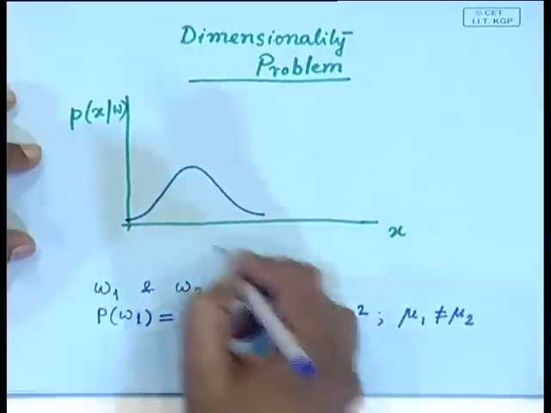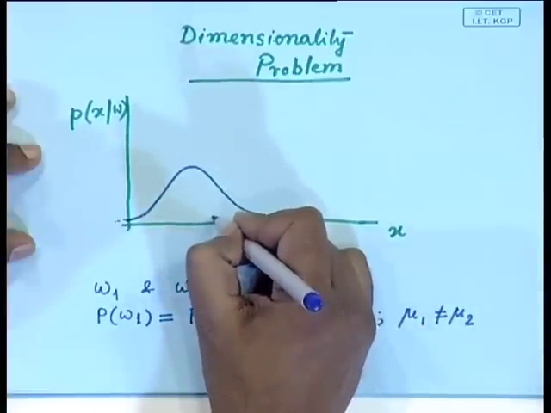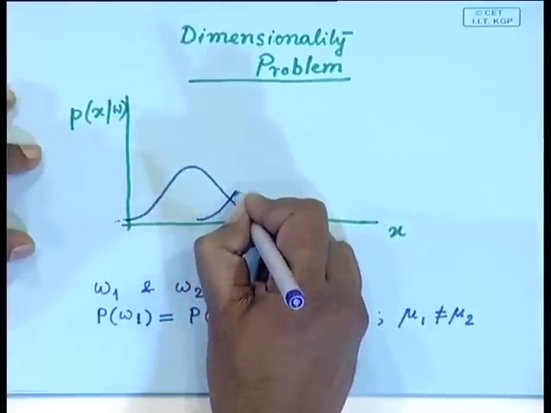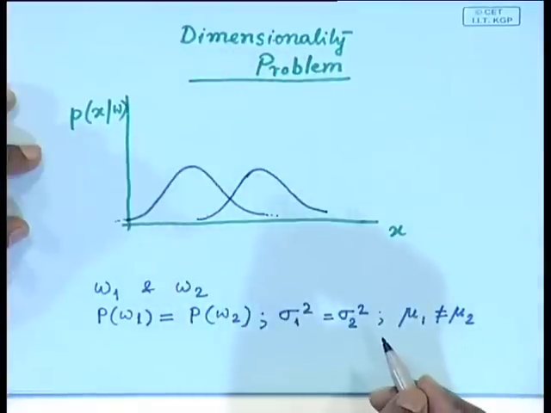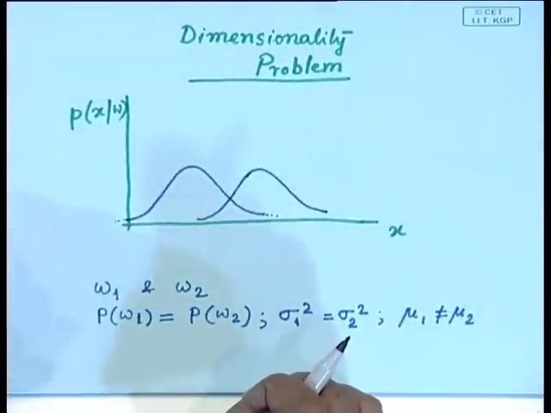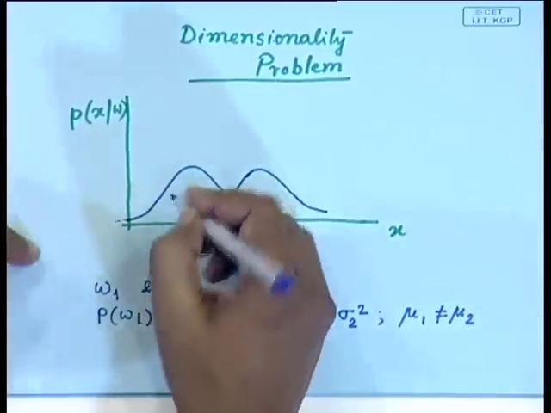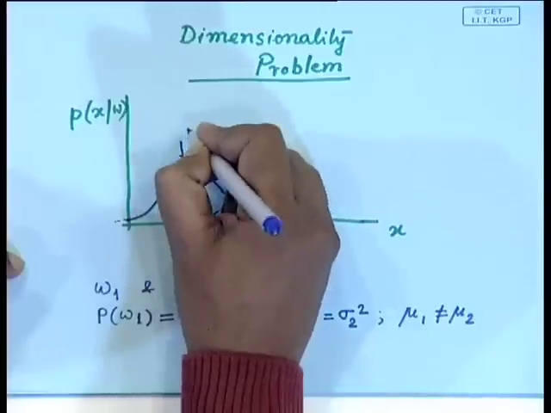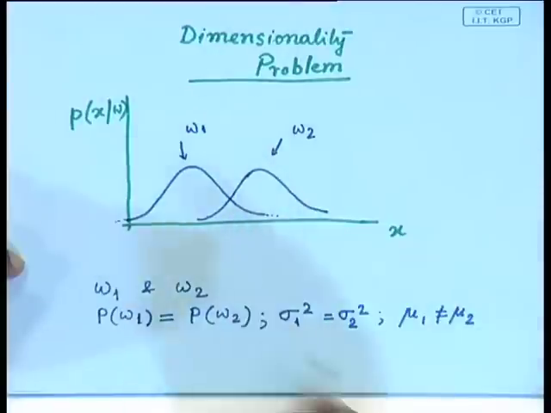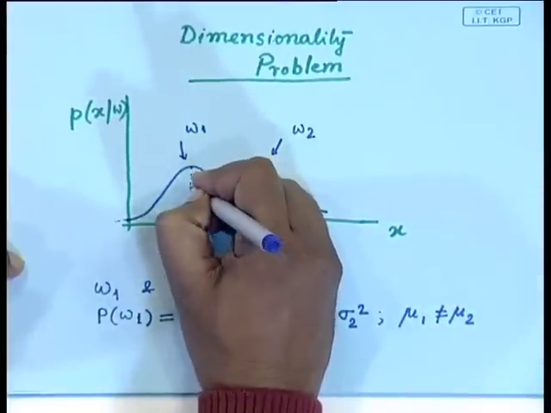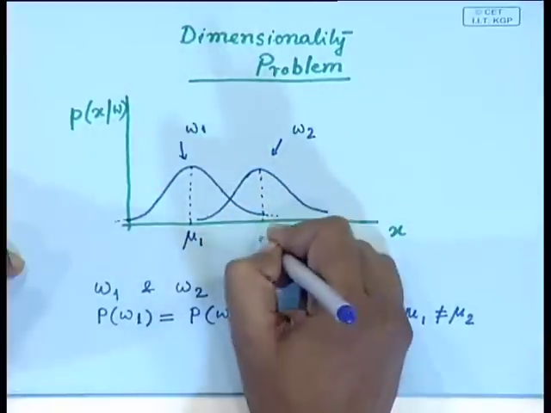This one extends infinitely, and the other has the same shape and size, only shifted from the first, because the means are different. Suppose this is for class omega 1, where this is mu 1, and this is for class omega 2, where this is mu 2.